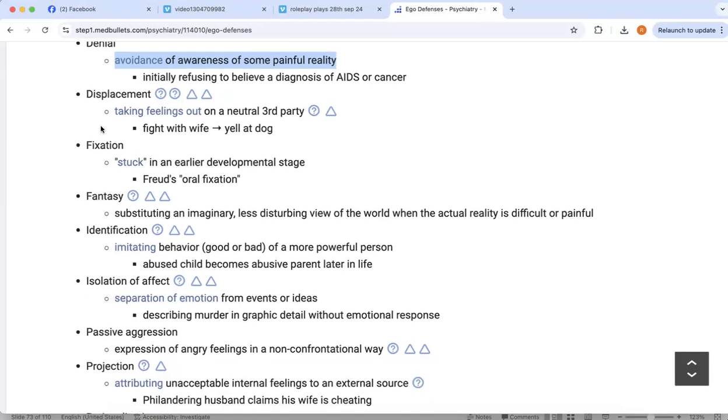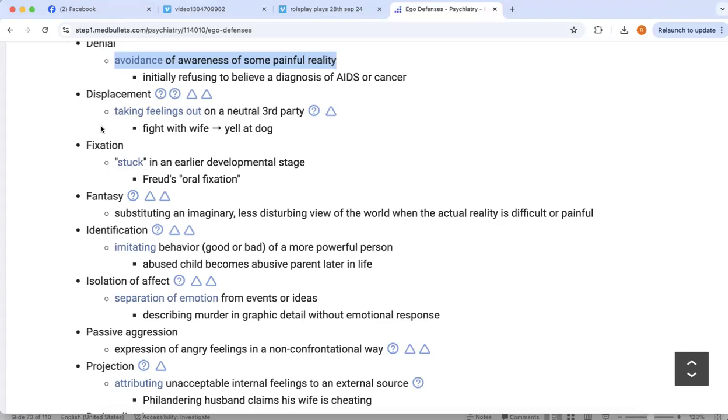Next, displacement. Displacement is taking feelings out on a neutral third party. Let's say you had a fight with your boyfriend, and then you came home, and your father or mother was just waiting for you because they wanted you to have dinner with them.